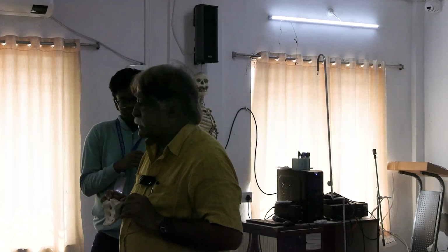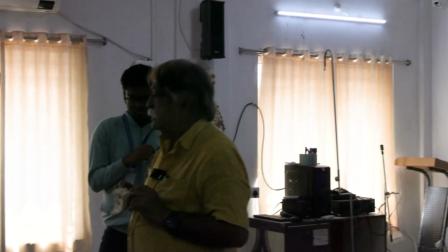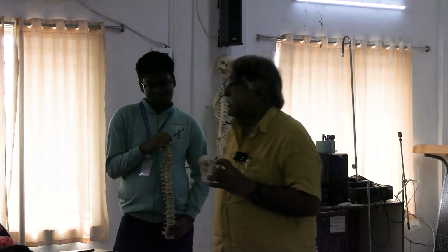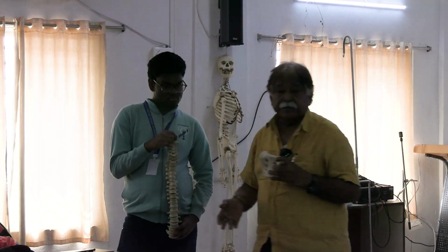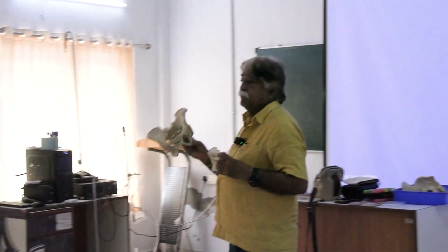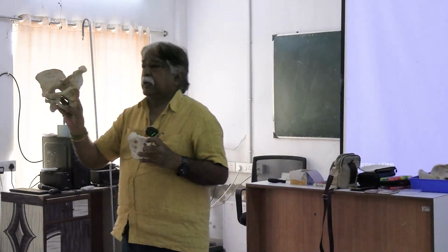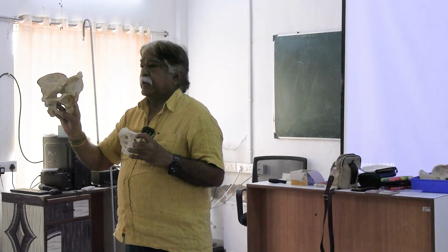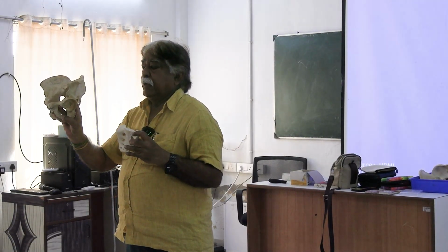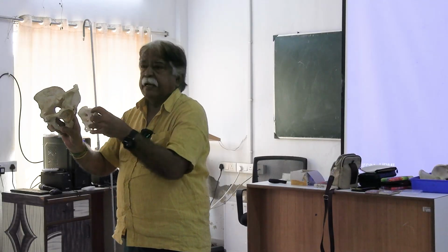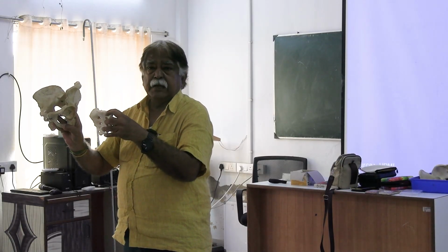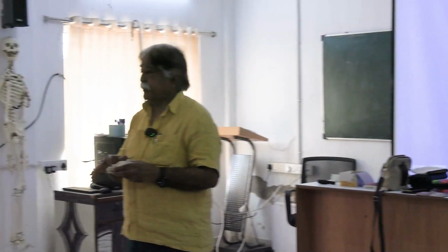Now you hold it like this. What are the muscles here and what are the ligaments of the articulated pelvis? The articulated pelvis is here. You have to relate. There is an E-shaped muscle. What muscle? Piriformis.